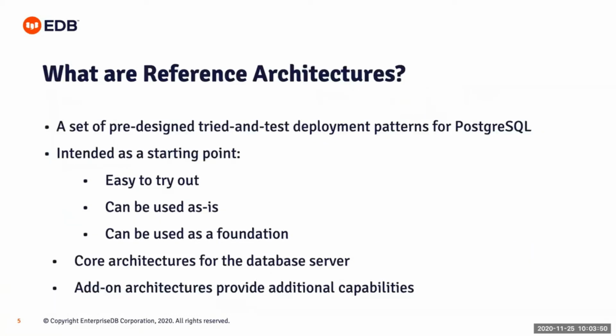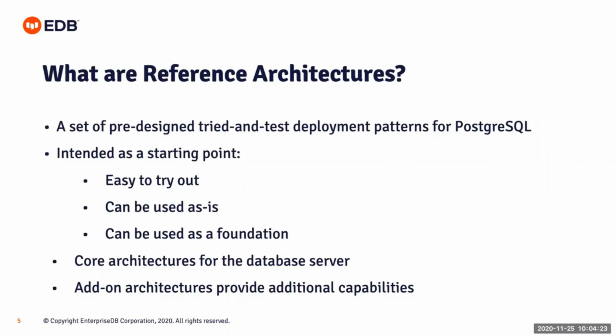So, reference architectures. In this presentation, what we call the reference architecture is kind of a building block. It's a way to build your entire application architecture and understand each of those components in the architecture, and by doing so it's easier to understand the entire architecture.